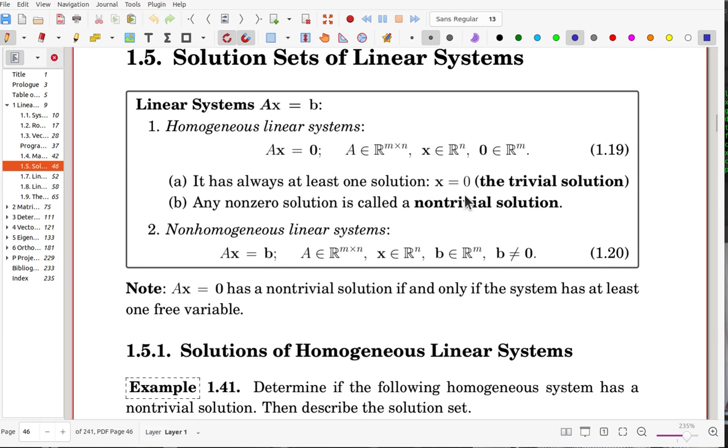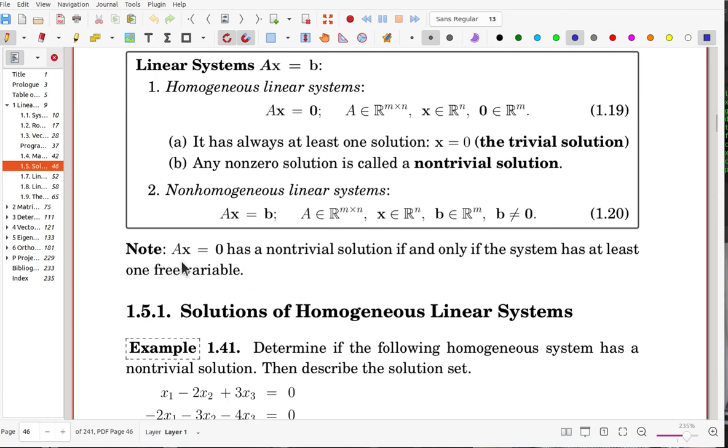So we call the zero solution the trivial solution. Any non-zero solution is called a non-trivial solution. If the right-hand side B is non-zero, we call it a non-homogeneous linear system.